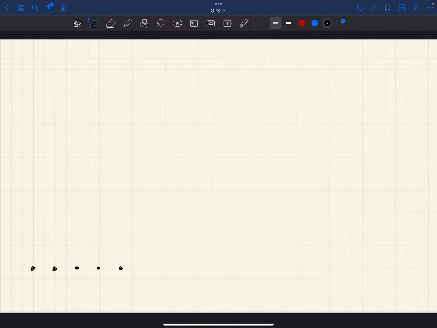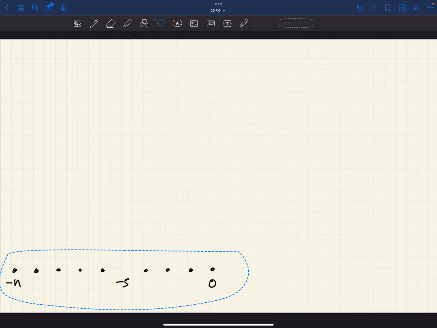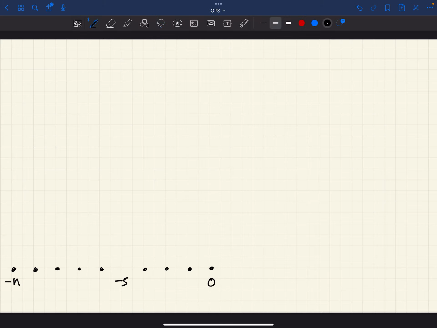This is missing one. This is 0. This is s, minus s. This is minus n. I think I need some more space. 1, 2. This is r missing. 2, 3, 4, 5. This is n.